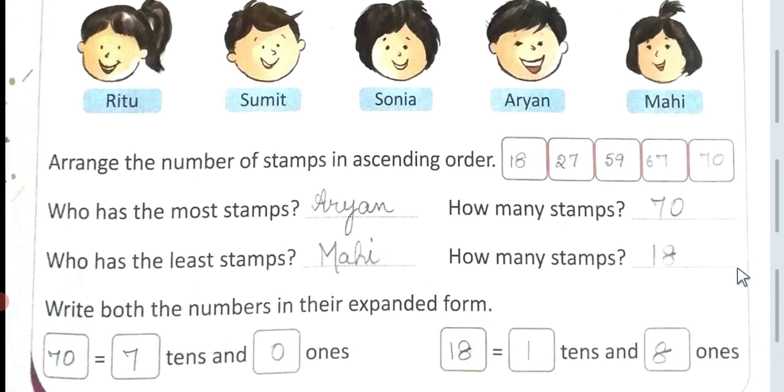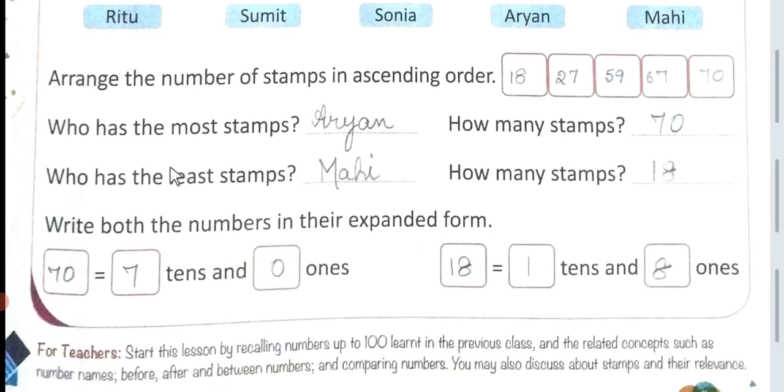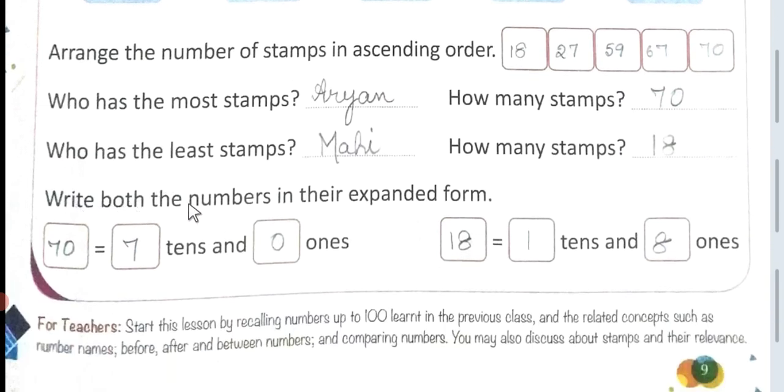She has 18 stamps. So write both the numbers in their expanded form. So you will write in the first block 70 is equal to 7 tens and 0 ones, because here no digit has been given in the box. So 70 means 7 tens. 7 into 10 is equal to 70.